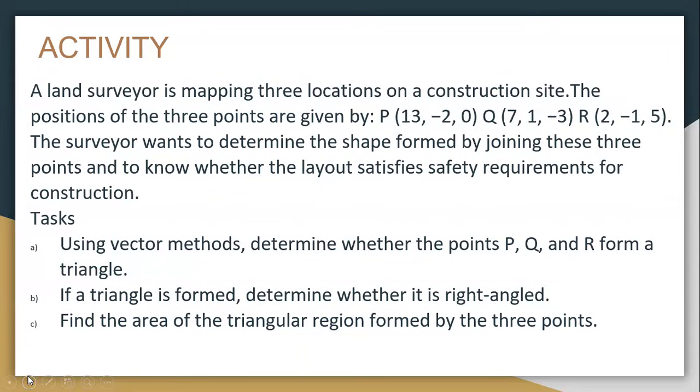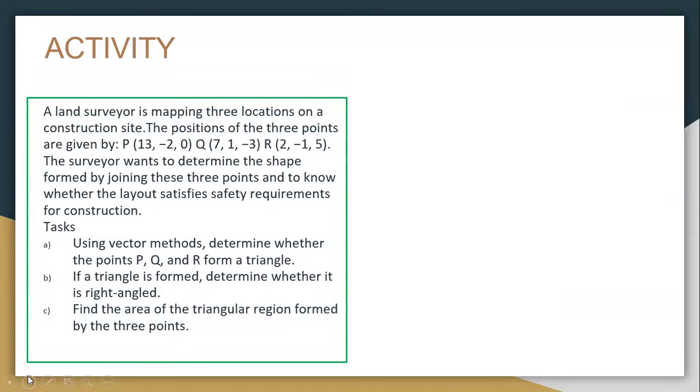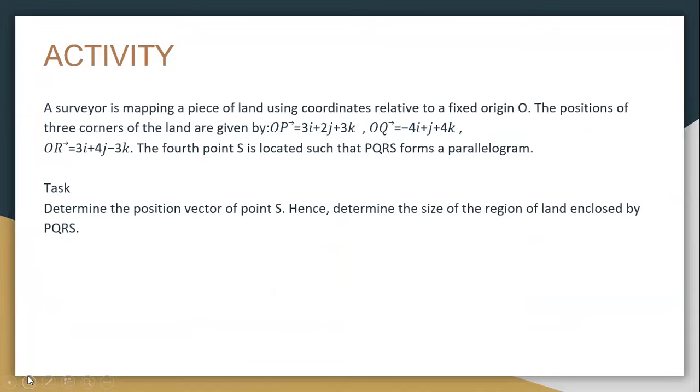You need to know the cross product and the dot product to be able to do this. Let me display one more number. Another number is here. I know you are going to try this one.